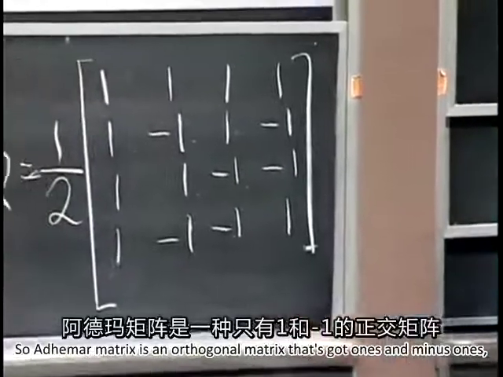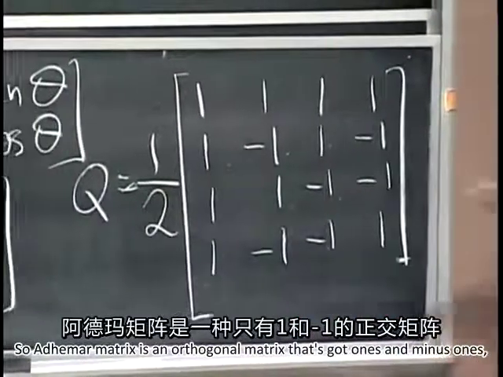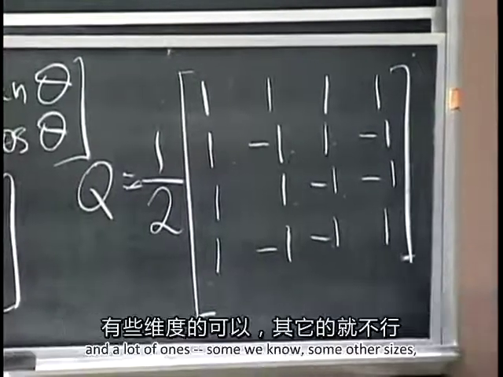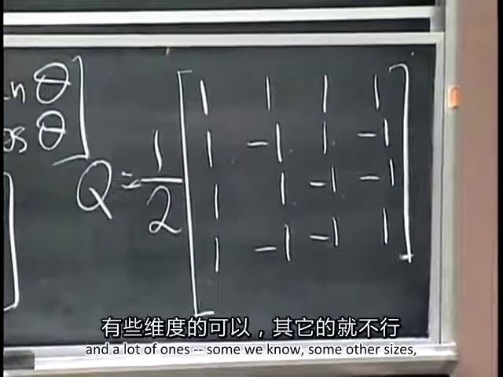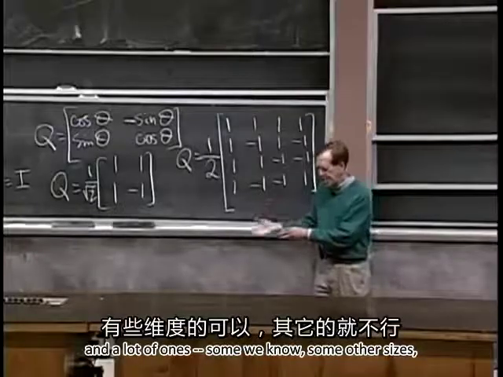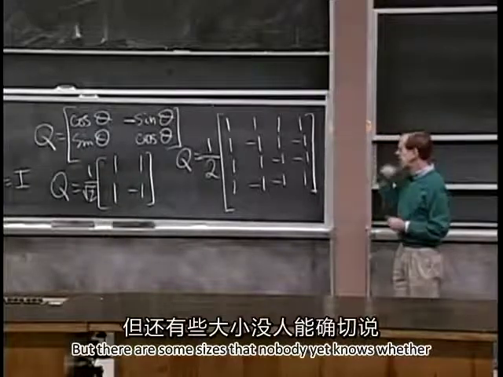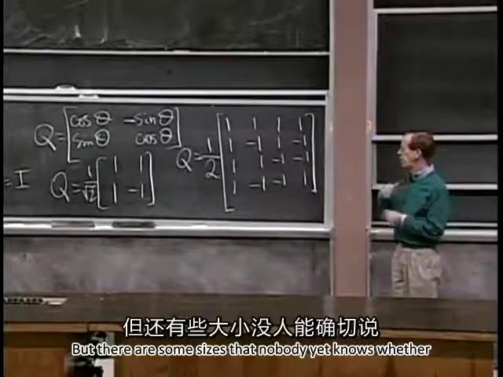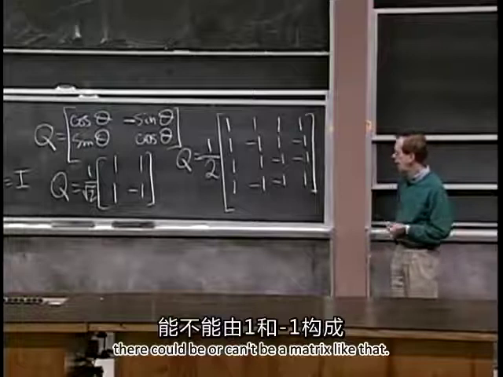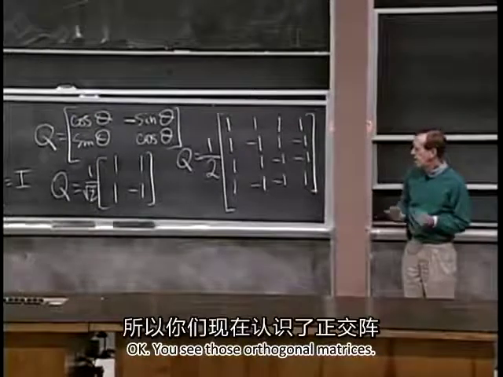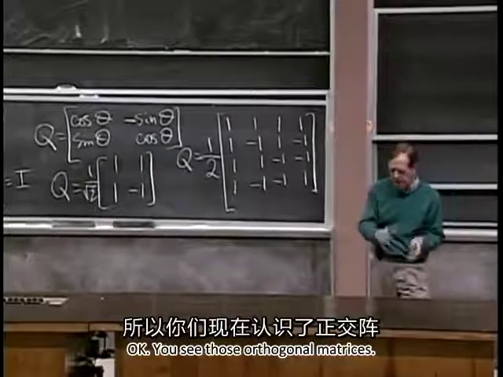So a Hadamard matrix is an orthogonal matrix that's got 1s and minus 1s. And a lot of sizes we know, some other sizes. There couldn't be a 5 by 5, I think. But there are some sizes that nobody yet knows whether there could be or can't be a matrix like that. Okay. You see those orthogonal matrices.